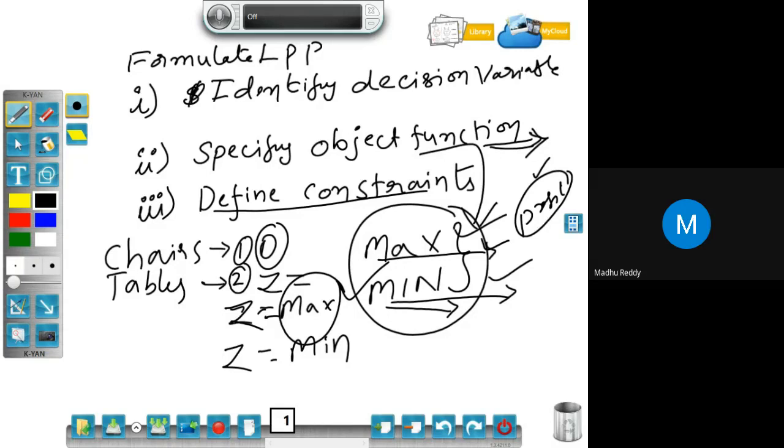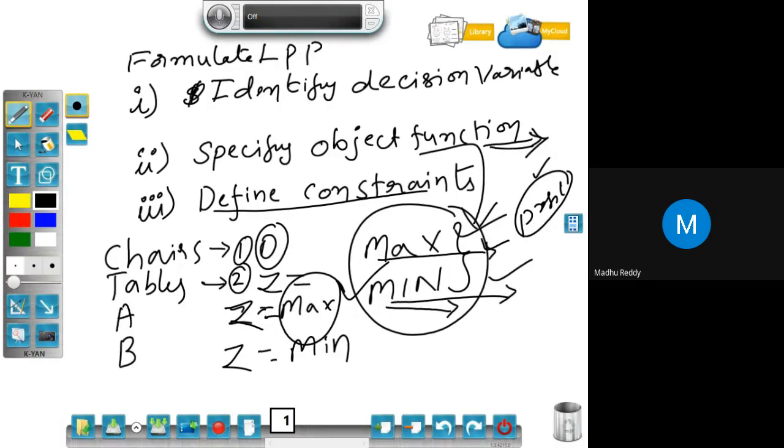To make these products, he requires two machines, machine A and machine B, which are given already.